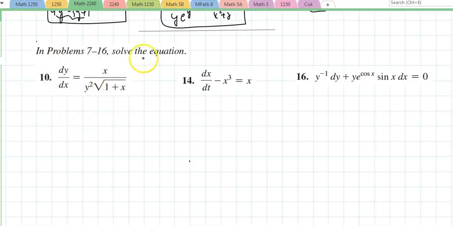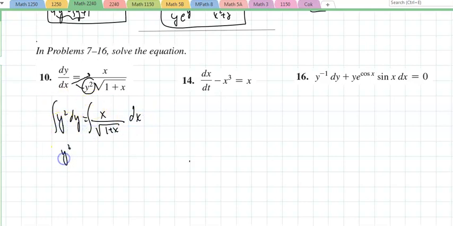I'd like to look at the following next 3 problems. Number 10, solve each equation. Well, if I cross multiply by dx and get the y squared on the left, that would be y squared dy equaling x over the square root of 1 plus x dx. And if I integrate, this would be y cubed divided by 3 equals, and here we have a problem.